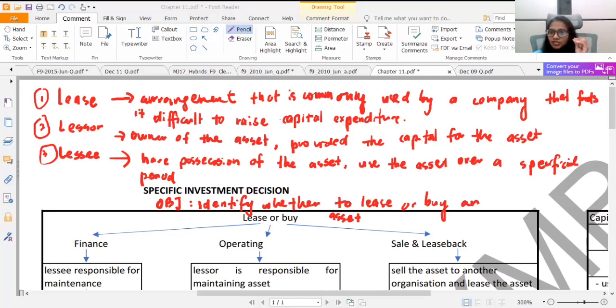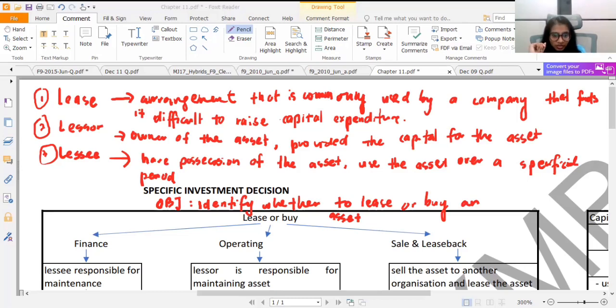So it is good for a lessee who does not have financial capacity, debt capacity, or financial capability, because even though they don't have enough money to borrow a large amount that you can use for your asset, you still may be able to have an asset to produce finished goods to be able to generate income for your company.